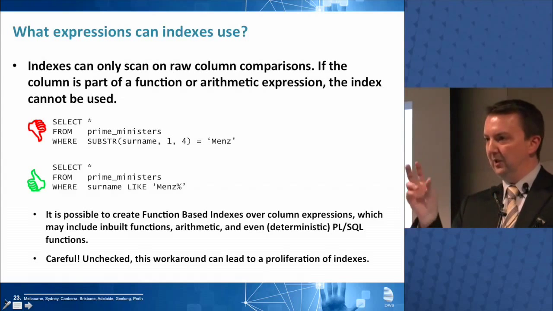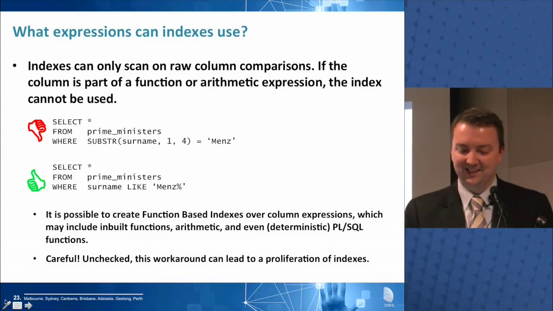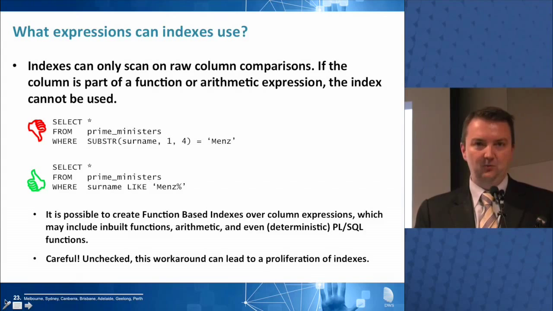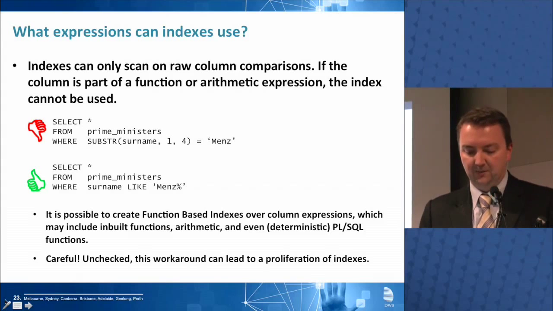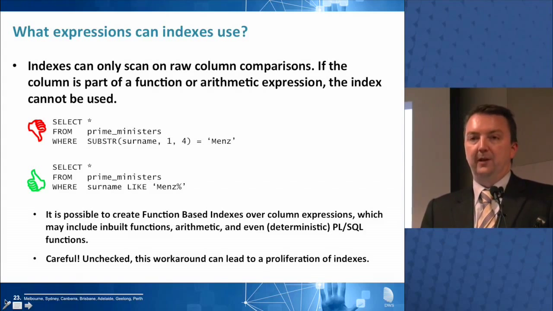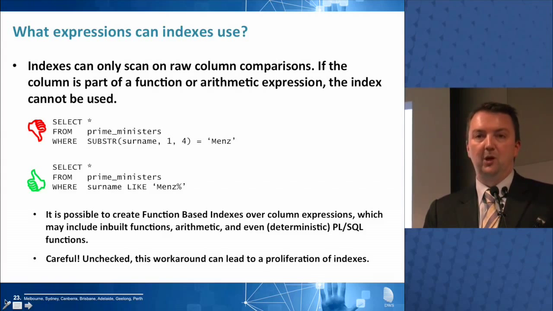And sometimes we find that, especially with substrings, there's a good way to do it that uses an index, and a bad way that doesn't. It is possible to create what are called function-based indexes. Instead of creating an index on surname, we can create an index on substring(surname, 1, 4). It's a very, very specific type of index.